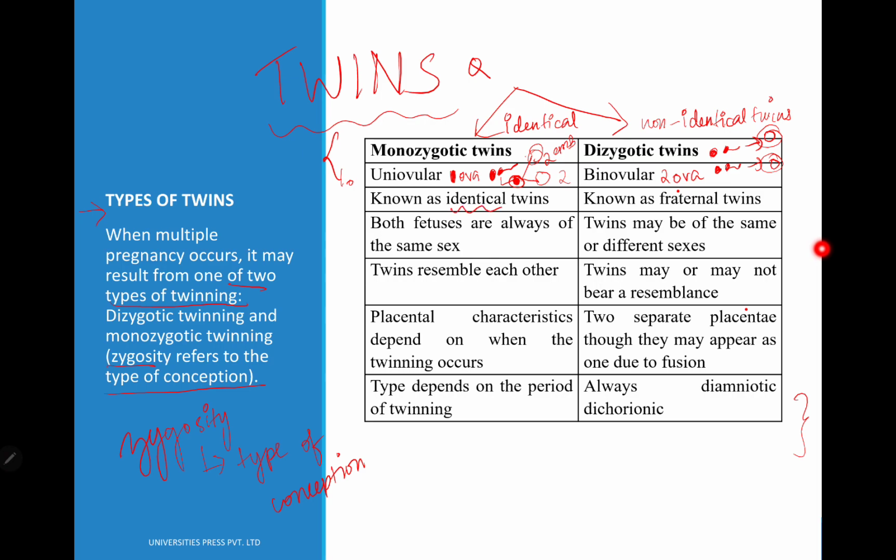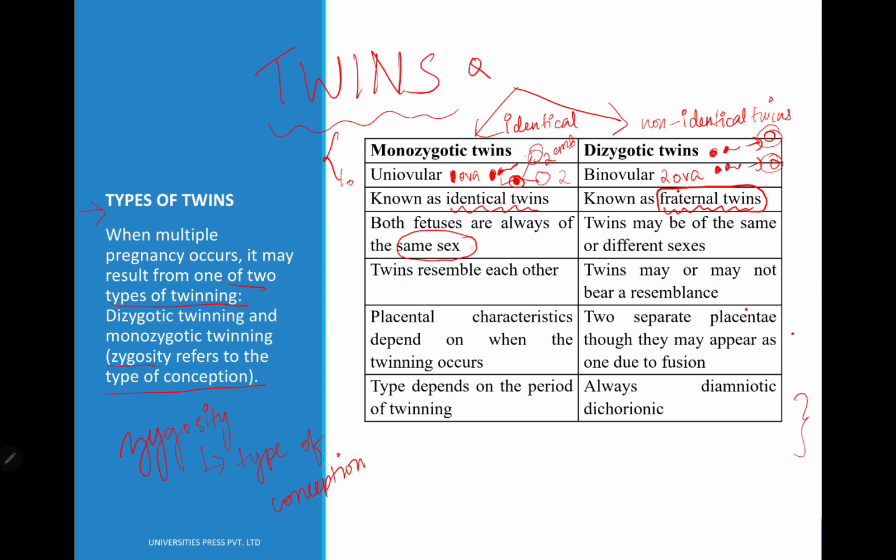So monozygotes are identical twins, whereas dizygotes are non-identical twins, otherwise known as fraternal twins.